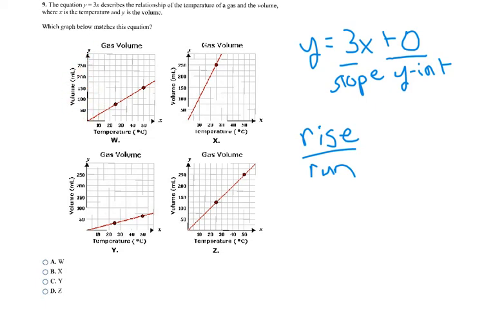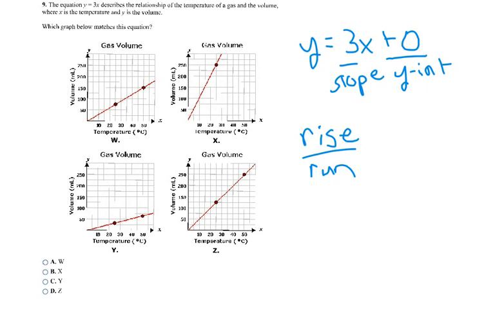So for W here, the scale is each of these little blocks is 25. So 0, 25, 50, 75, 100 on the y-axis. And on the x-axis, it's 5, 10, 15, 20, 25, 30, etc. So I need to count by 25 and 5 when I'm counting my rise over run.